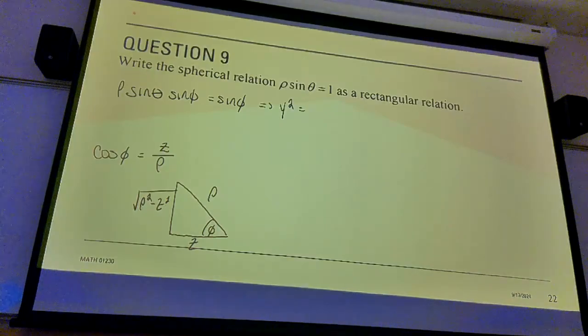If you actually do that, sine of theta would be what? Square root of rho squared minus z squared over rho, right? What's rho squared minus z squared? It's just x squared plus y squared, isn't it? That would have to be the relation, which I have no idea what that looks like.